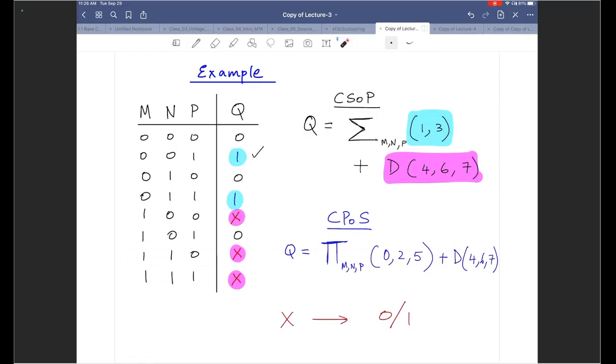Does the order matter? Like, can I write D1, 2, 3? What do you mean? I'm not sure if I understand. Why would you write 1, 2, 3?